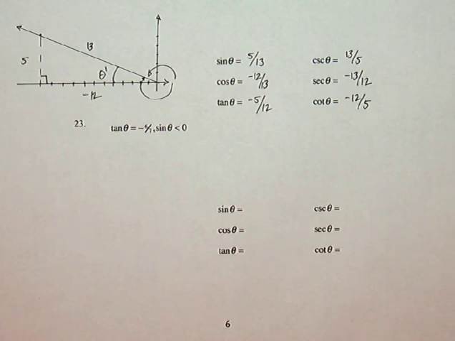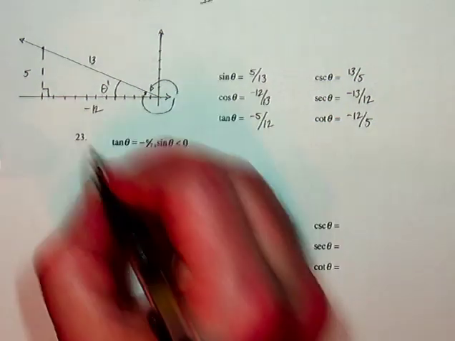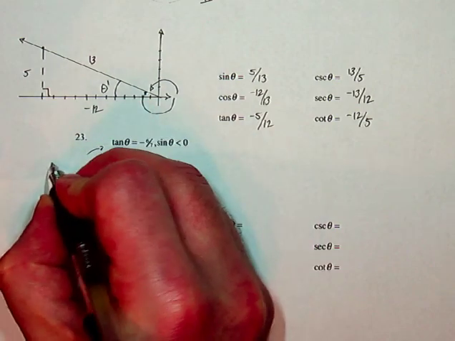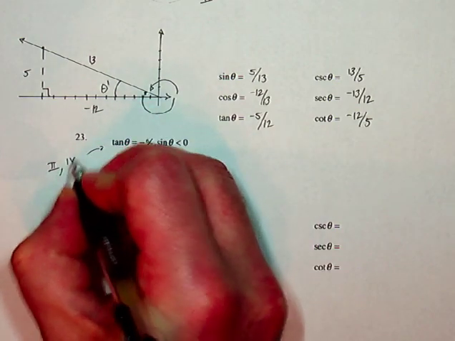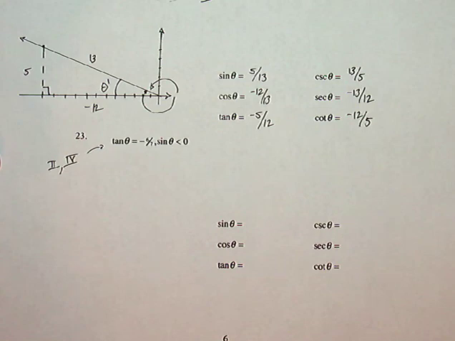Well, tangent is negative where sine and cosine have opposite signs, and sine and cosine, one is positive and the other is negative, in the second and the fourth quadrant. So this right here gives me second or fourth quadrant. That's what that tells me.